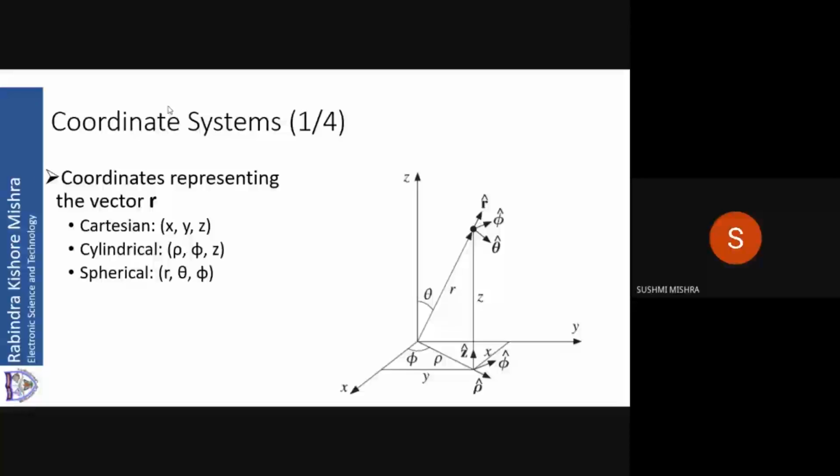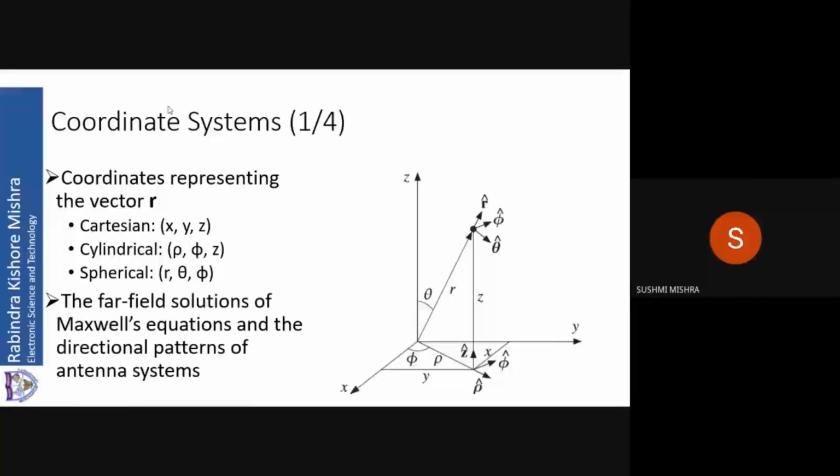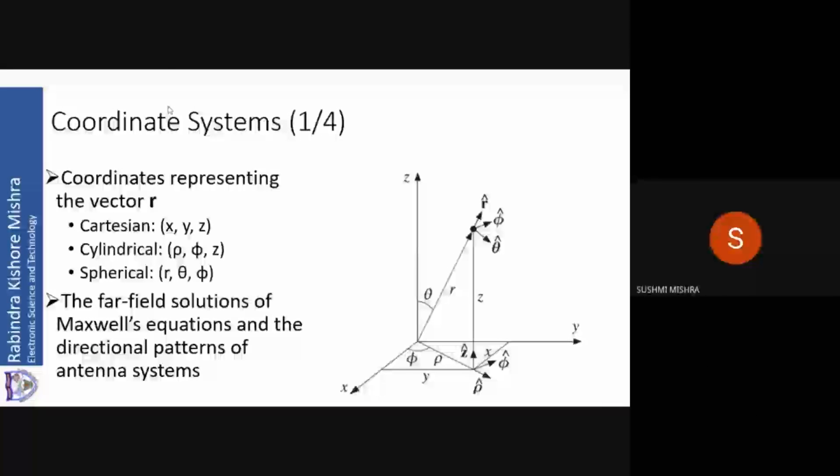Now, r is only one vector, and we are representing it by three coordinate systems separately. Therefore, all these three coordinate systems must have some relation among themselves.